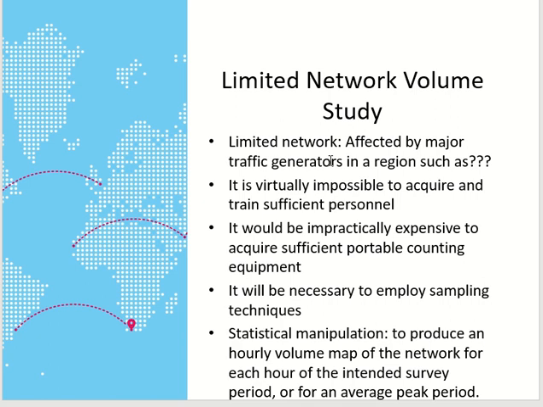Instead of taking counts from all locations and for the full period of the study, we take some samples. And obviously, you are not interested in the samples, you are interested in the actual count which you required in the first place. So on those samples, we have to do some calculations to get the actual count which we want for all locations and for the complete period of the study.